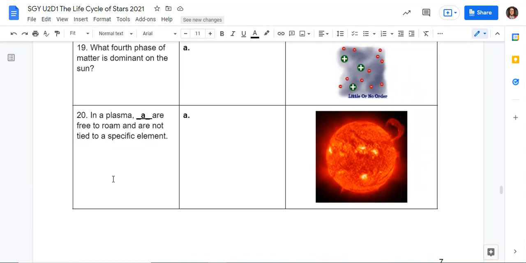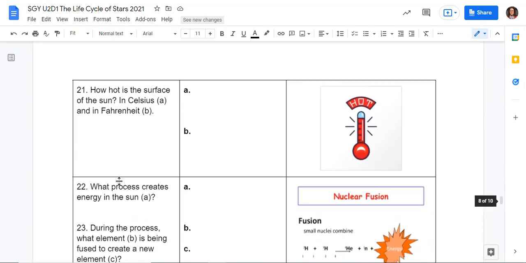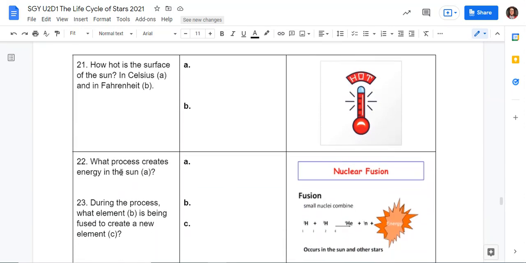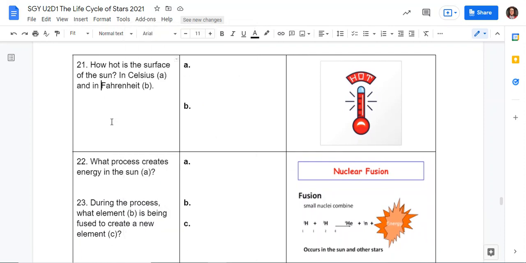So number 20, in a plasma, electrons are free to roam and are not tied to a specific element the way they are in the solid, a liquid, or a gas, in those three phases that we generally see on Earth, at the temperatures and pressures of Earth. On the sun, it's hot enough, there's enough energy where we actually see a plasma where those electrons are free to move through the whole entire plasma.